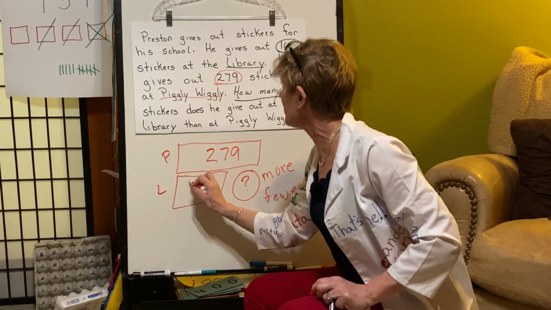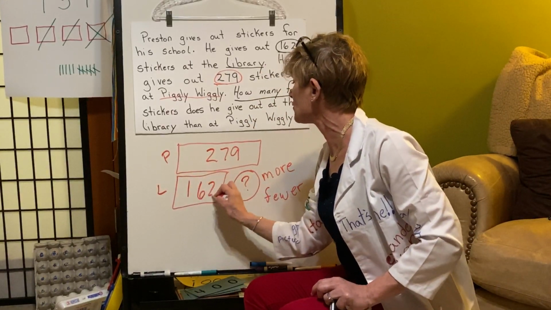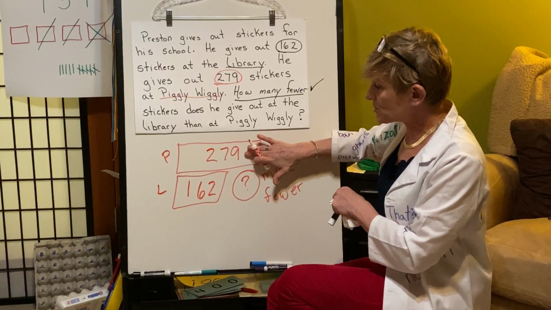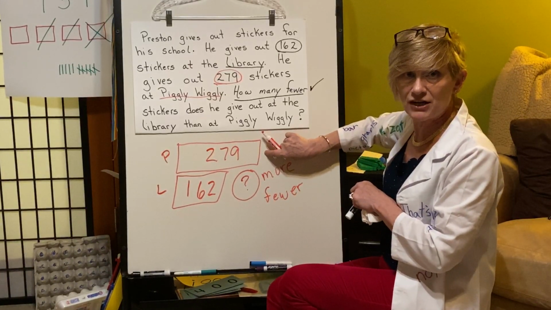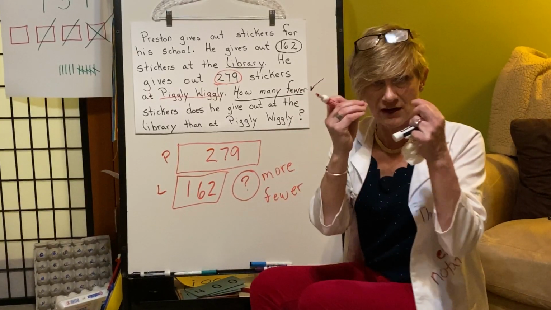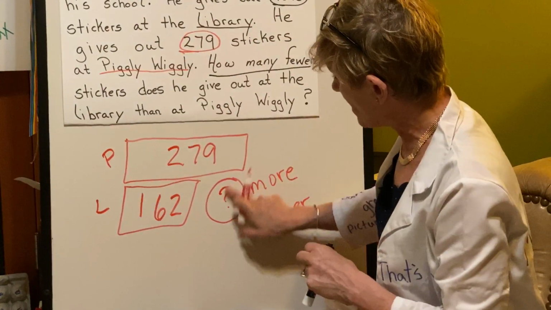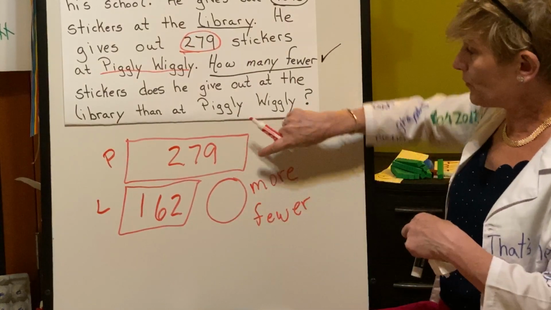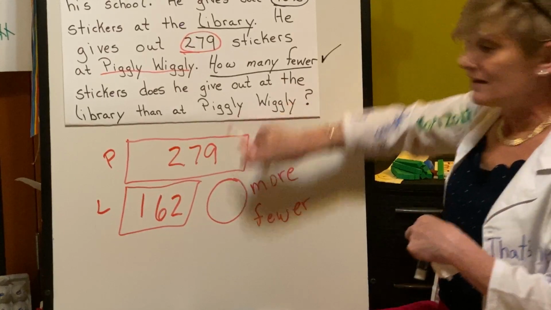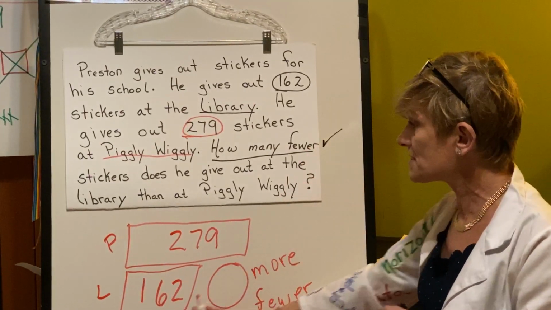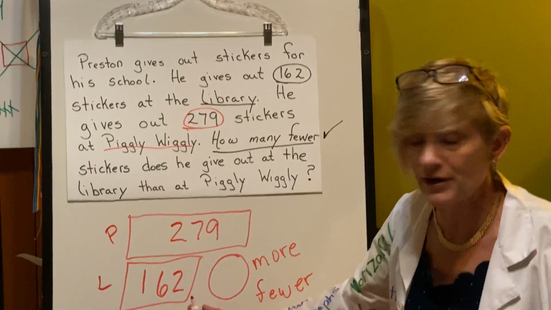The library is 162. We know this is greater, that's why I put it in the larger bar. We know this is fewer. I'm trying to figure out how many more and how many fewer. Piggly Wiggly has more. Library has fewer. It wants to know how many stickers the library has fewer.